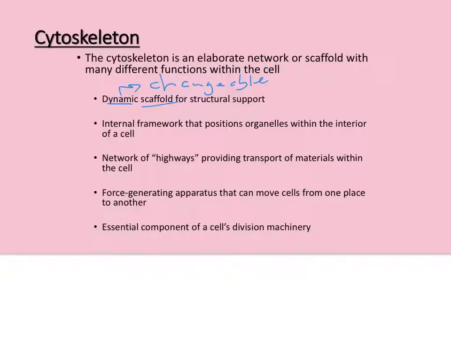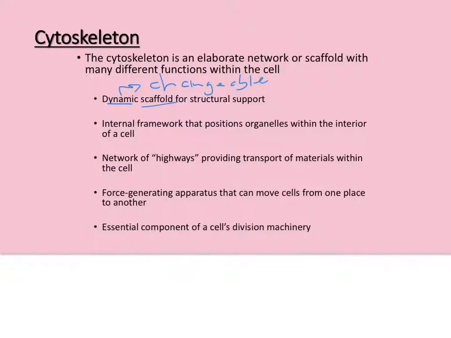Now, our building that we go to school in is not dynamic. If it was, I would not want to be standing in it because it would be changing and could fall down at any moment. But the structure of the cell, the cytoskeleton, is dynamic. It's changeable. It can change if the cell needs it to change.